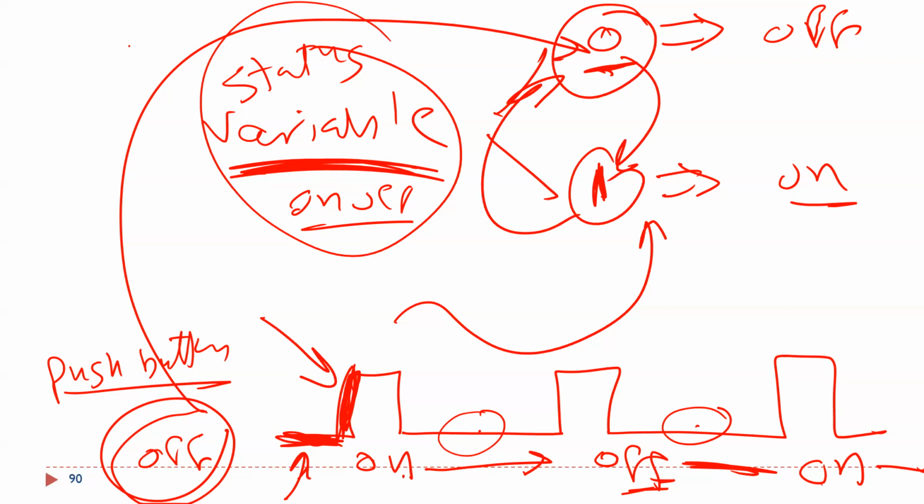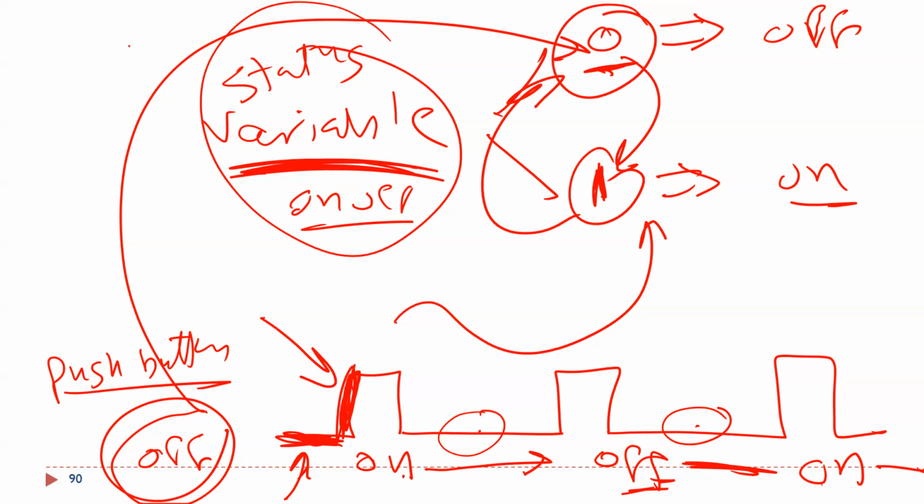So you need to have a variable to capture the status of the system. Every time I press, you change the variable. And then if I want to turn the system on or off, I have to check the variable. You should understand what I did here.